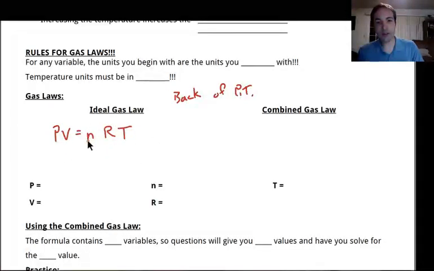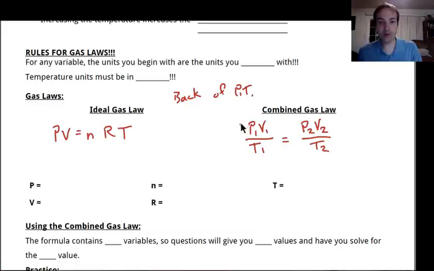So this is the ideal gas law, and it turns out that we can take this and rearrange it and change it around, and we can create what's called the combined gas law. So here's our second gas law: P1V1 over T1 equals P2V2 over T2.